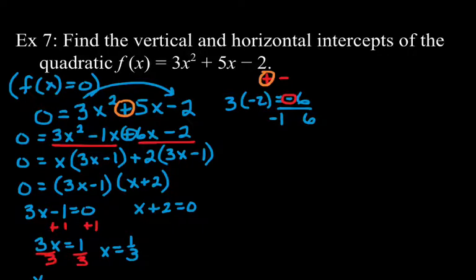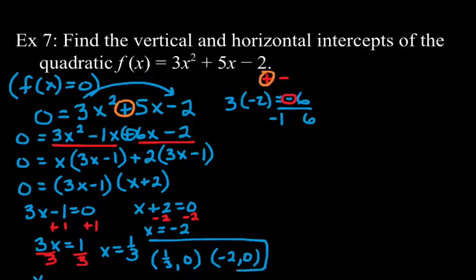Now remember, they asked for the intercepts, so that one is going to be 1/3, comma 0. The next one is much quicker. We just subtract 2, and we get x equals negative 2, and that one will be negative 2, comma 0. So these are the two horizontal or x-intercepts.